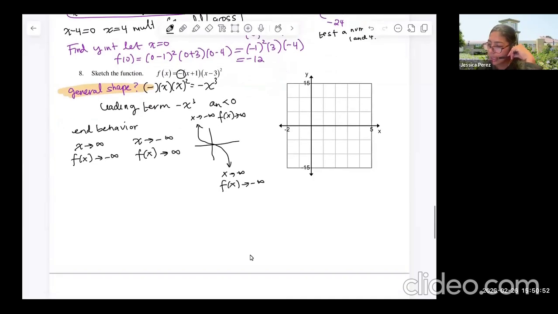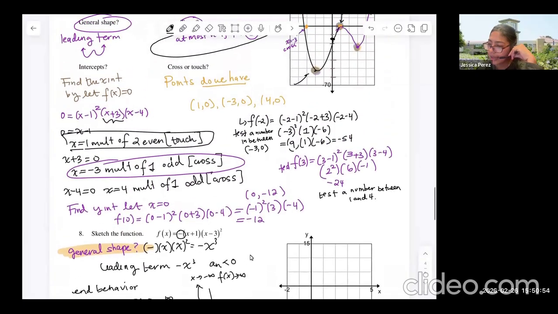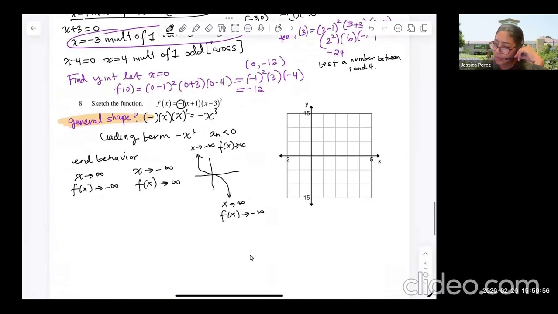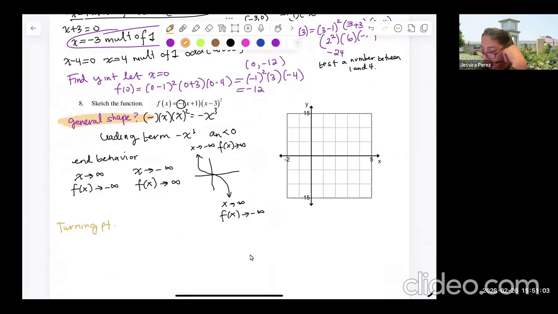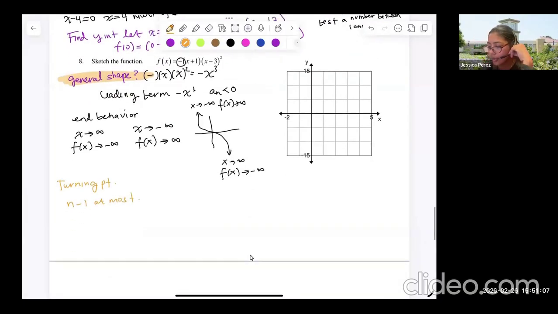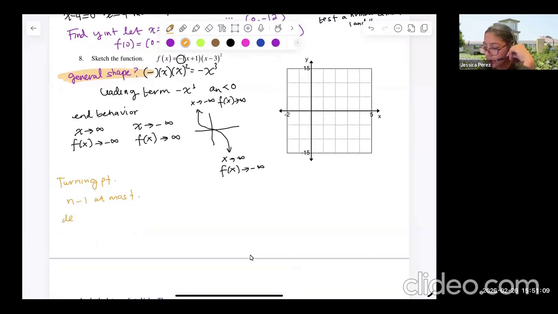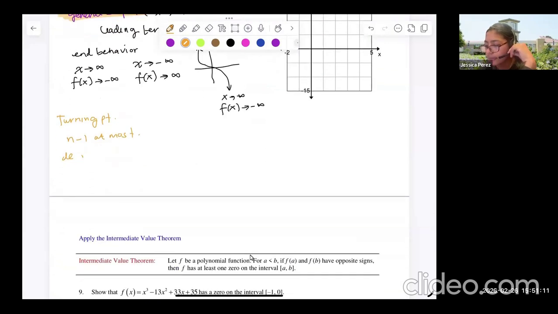So what we want to do next is find how many turning points. If we're looking for turning points, there are at most n minus 1 turning points, where n is the degree of the polynomial, so the degree of the leading term.